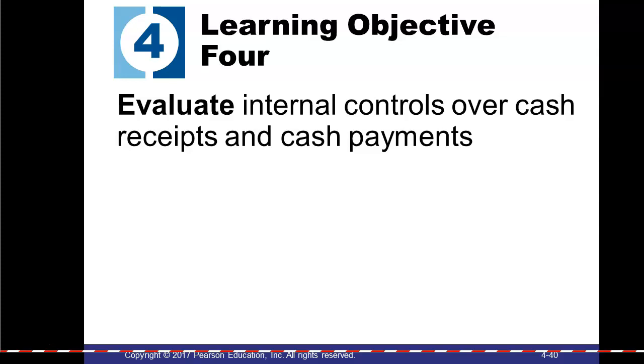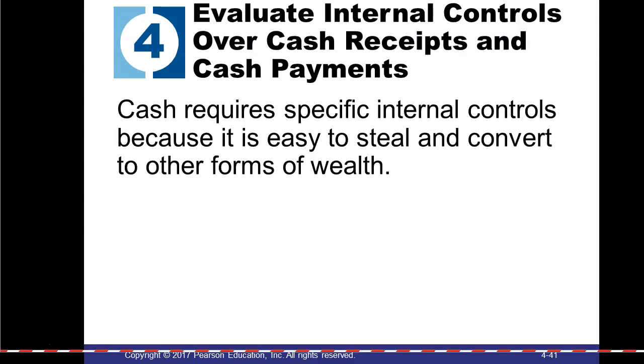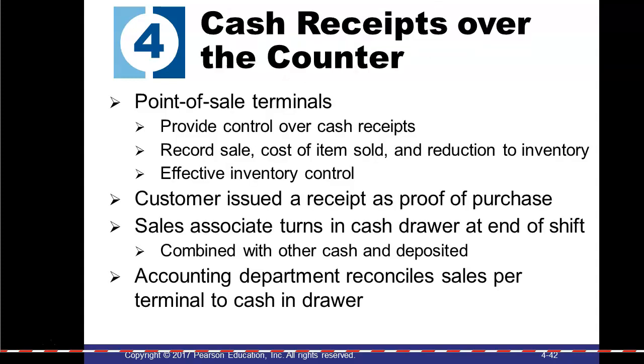So, internal controls over cash receipts and cash payments. And again, cash is going to be a specific cash control because you're going to have to make certain that you really have tight controls here, because it's very easy to steal and it's easy to convert to other forms of wealth. It's very easy to steal cash. So having a cash receipts policy and procedure that's airtight is going to be extremely important.